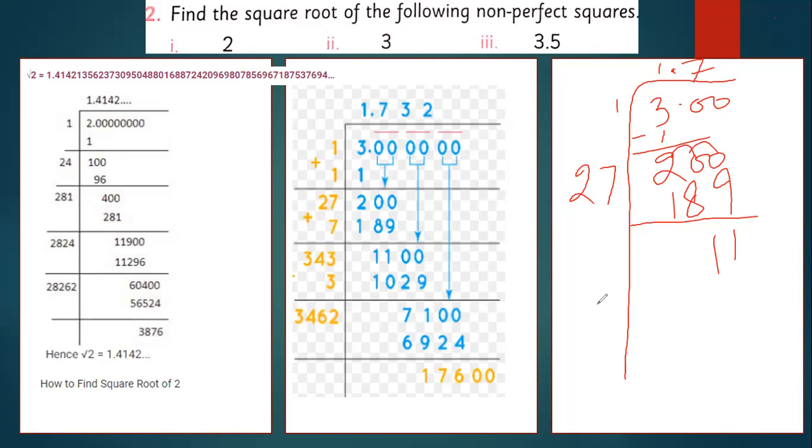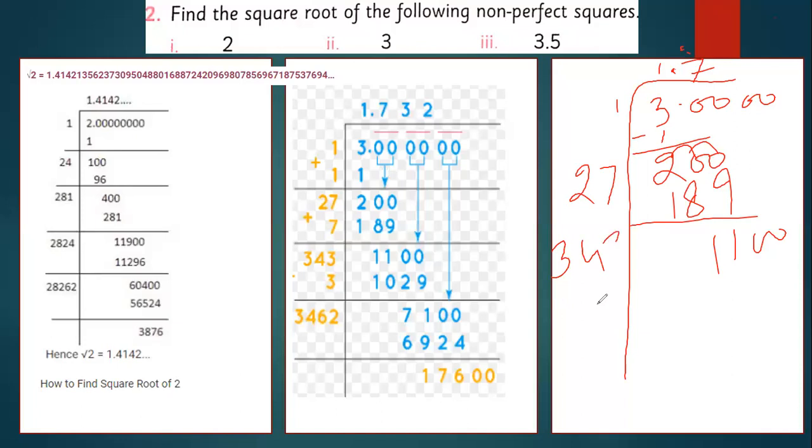So now again, put there 2 zeros and bring these zeros down and double of this. So that's 17. So double of it, that will be 34. Now, on what table can we do this one? 4 fours are 16, so 4 threes are 12, that increases.